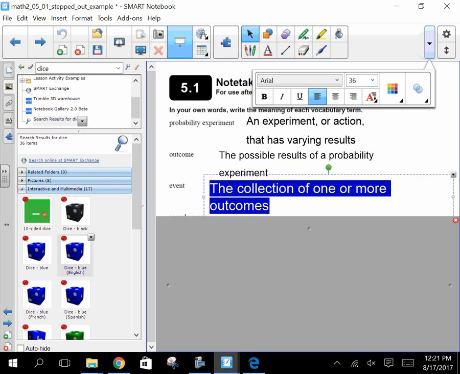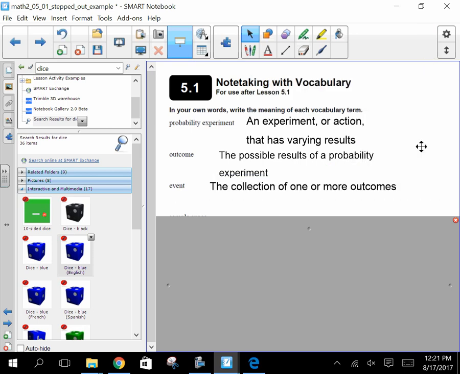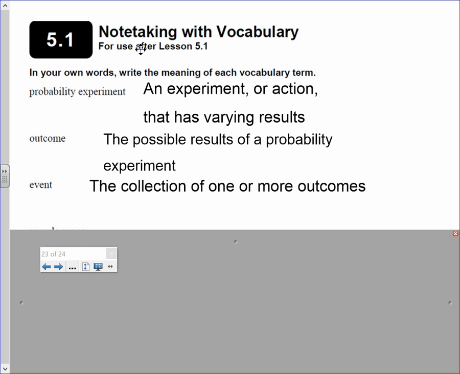The collection of one or more outcomes. So the possible results of a probability experiment, the collection of one or more outcomes, is an event.